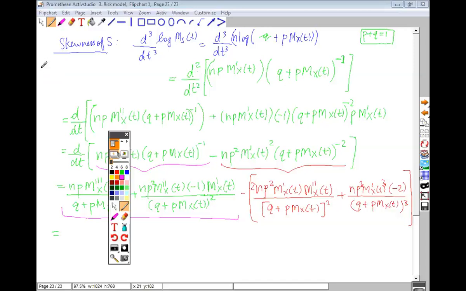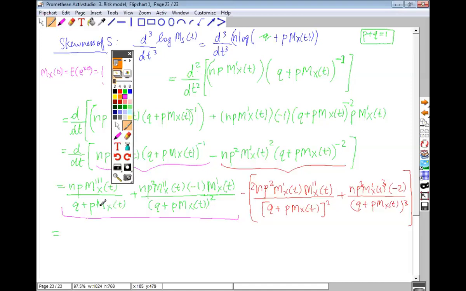So if I have mx of 0, what will it be? It will just be expectation of e raised to x, which is 1, exactly, right? So every time I put 1 here, what do I have in the denominator? q plus p. And what is q plus p? 1, right? So this is going to be 1.